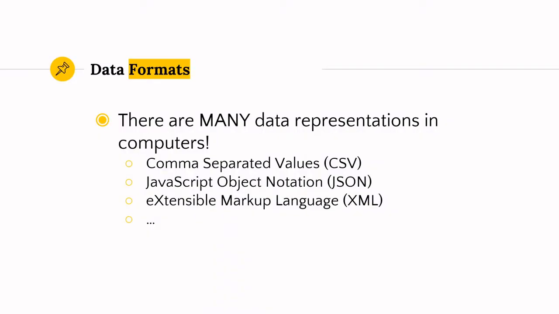All right, the last thing I want to mention is that there are many different types of data sets, so there have to be appropriate data representations. Usually data sets come in a few file formats, and the most common are CSV files, JSON files, and XML files.